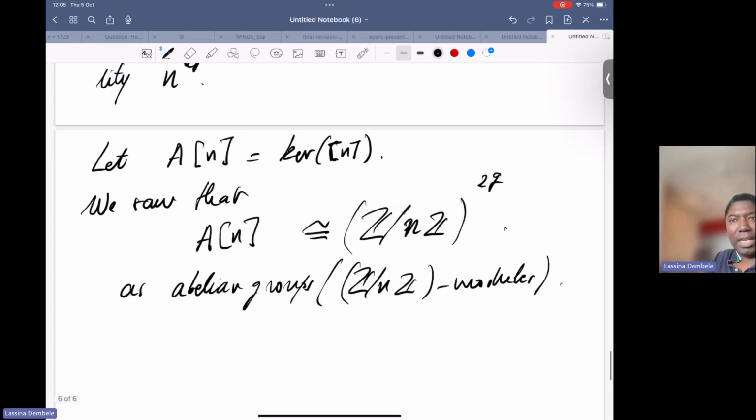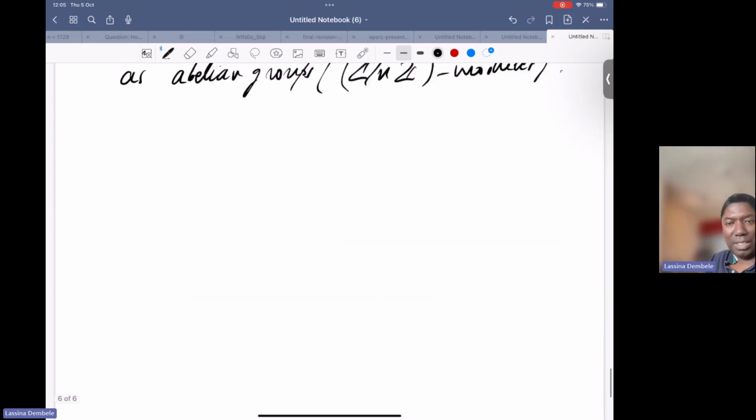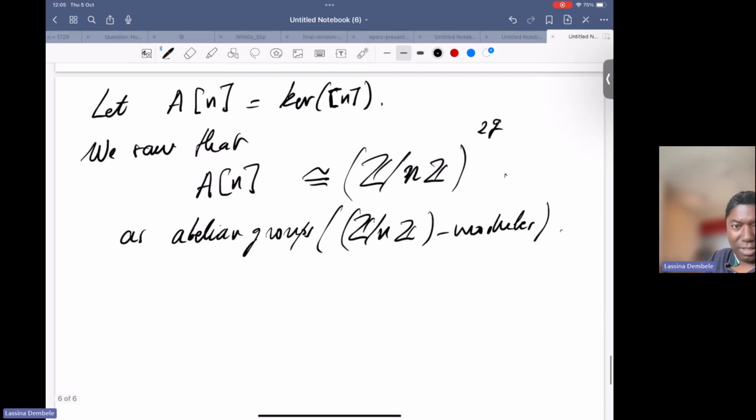So using this, we can now define what the Tate module of this abelian variety is.